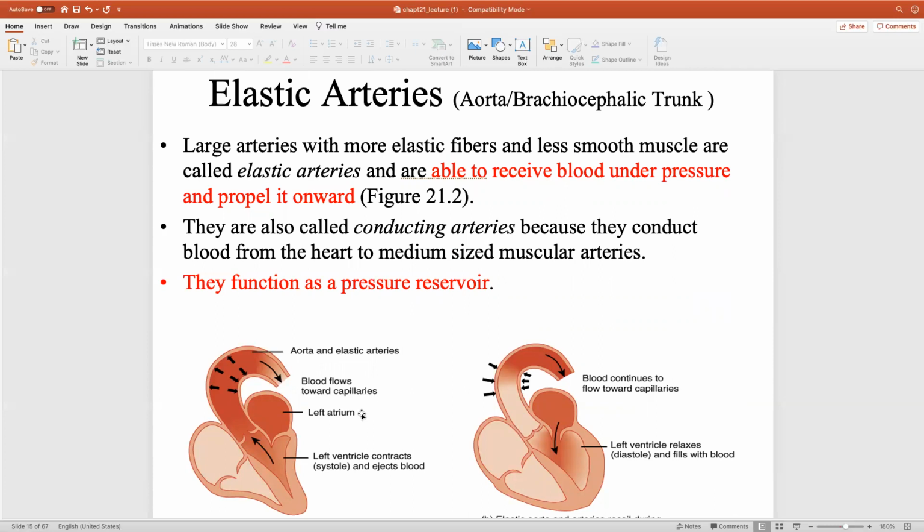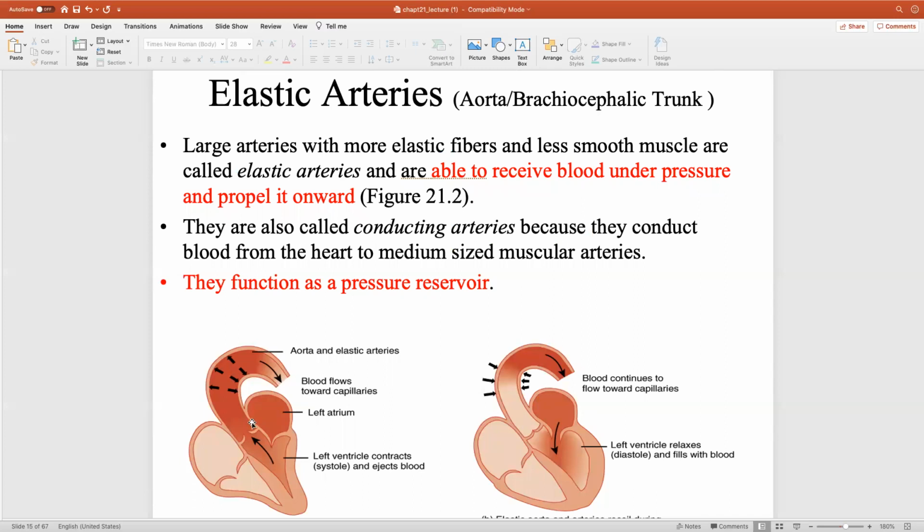What elastic arteries allow us to do is this. As blood is moving past the aortic valve into the aorta, the aorta acts like a rubber band. It stretches. As that blood from the ventricle is ejected outwards, it stretches the aorta, it stretches the elastic connective tissue.